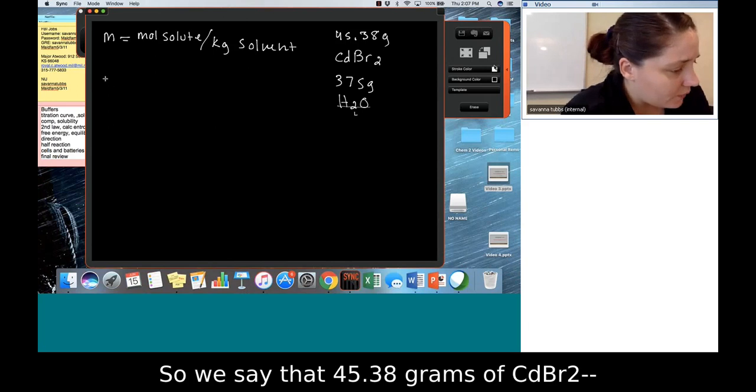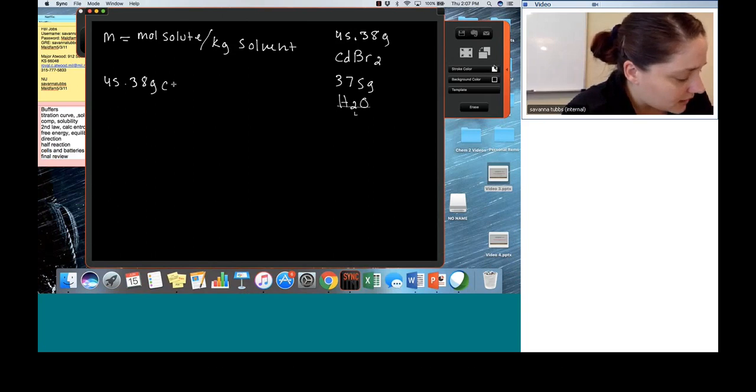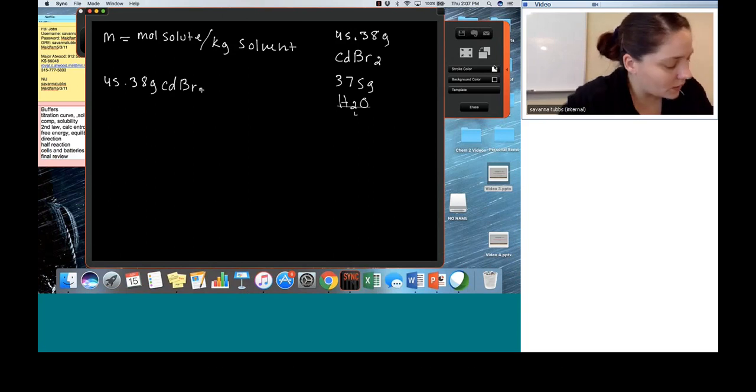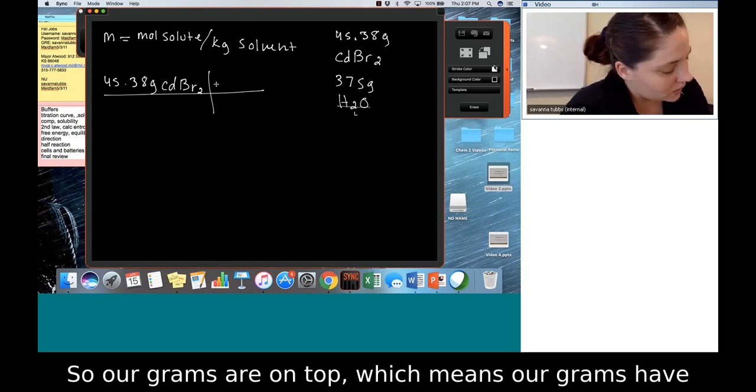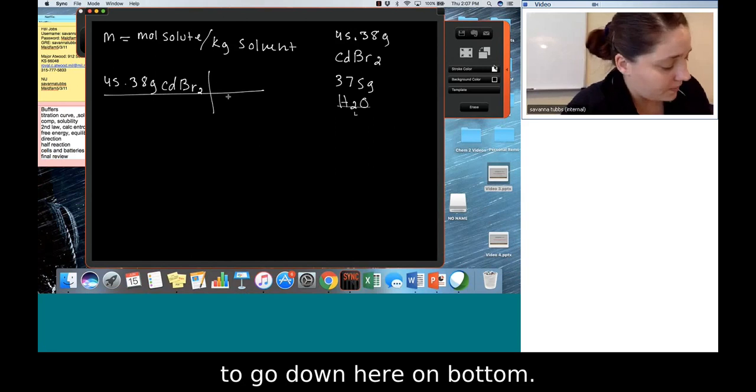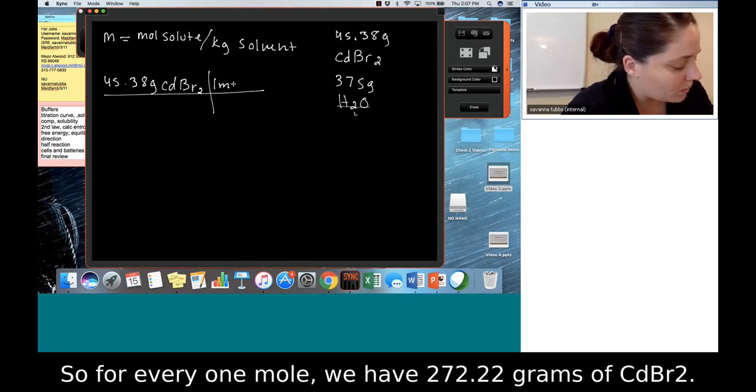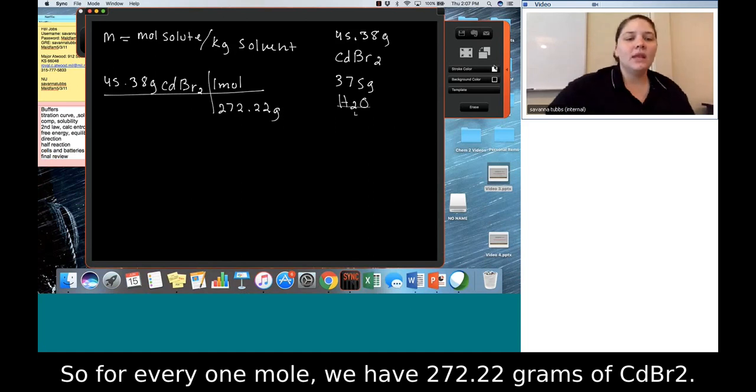So we say that 45.38 grams of CdBr2, we can set it up on a reaction table. Our grams are on top, which means our grams have to go down here on bottom. So for every 1 mole, we have 272.22 grams of CdBr2.